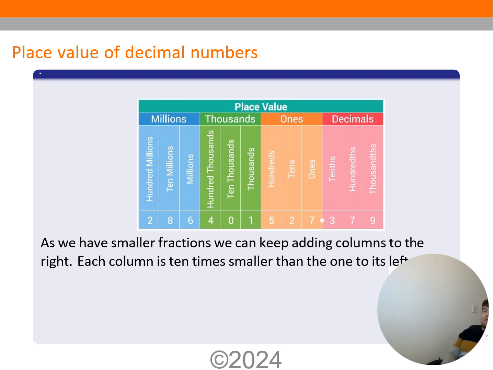So we've got 200 million, 10 million, 6, and then we've got 6 millions, 400,000, 0, 10,000, 1,000, 500, 2 tens, 7 ones, and then we've got 3 tenths, 700, and 9,000.